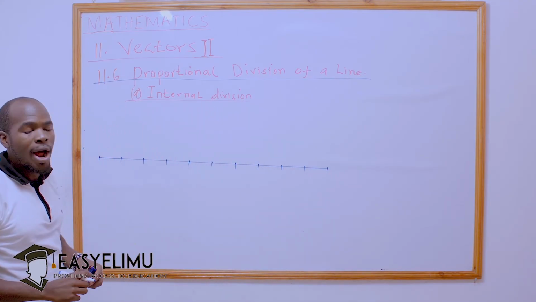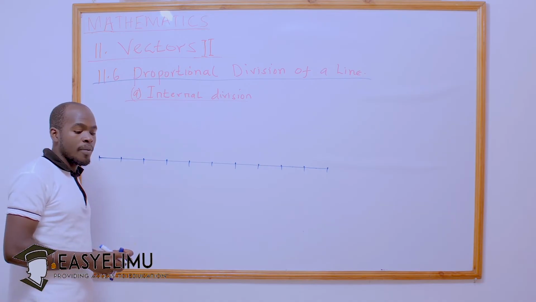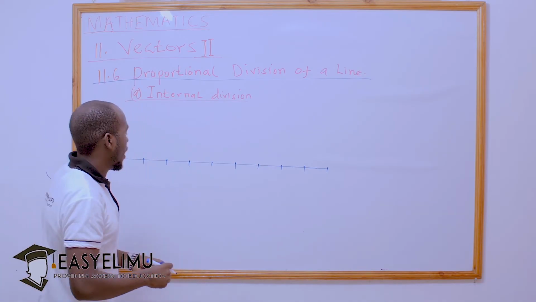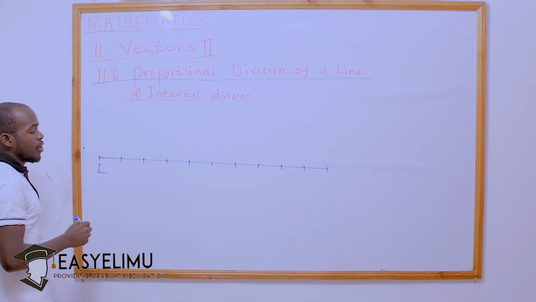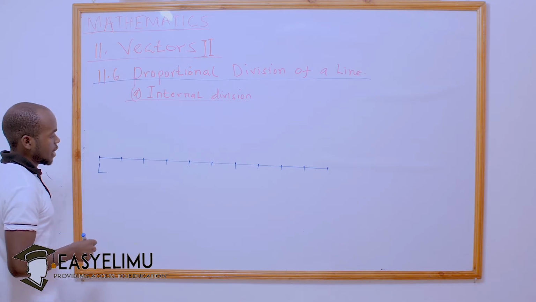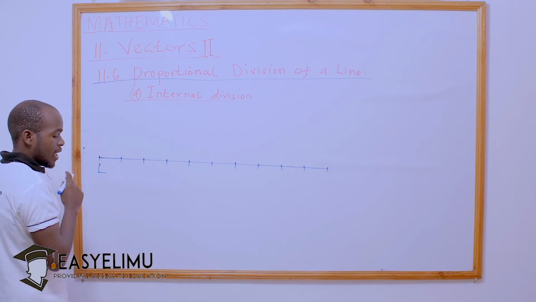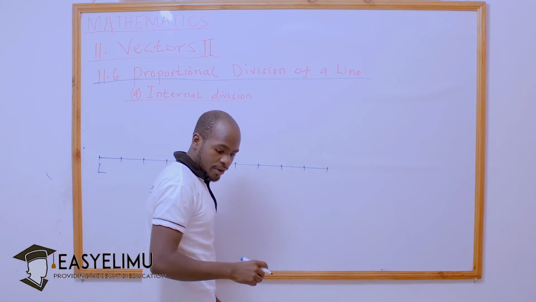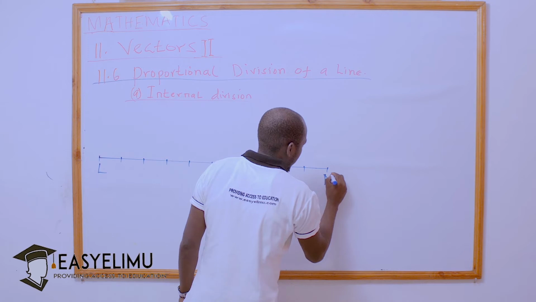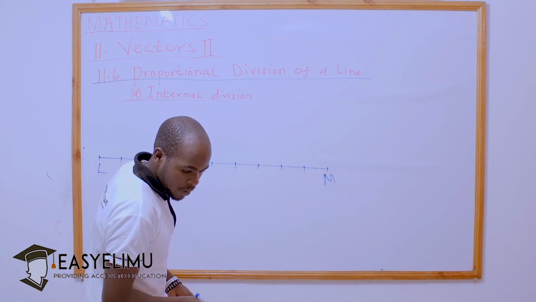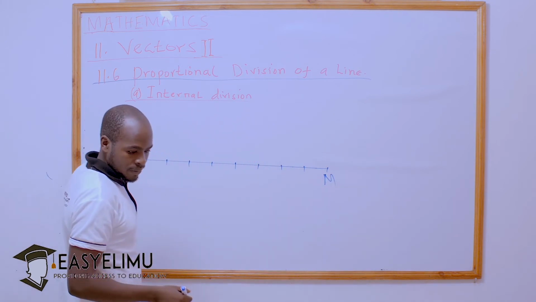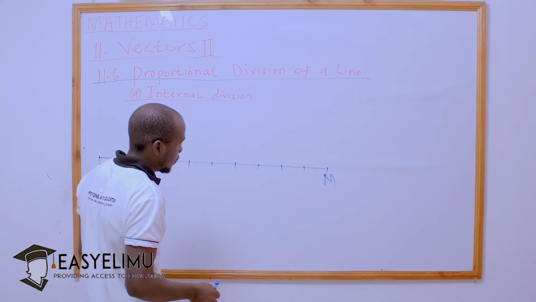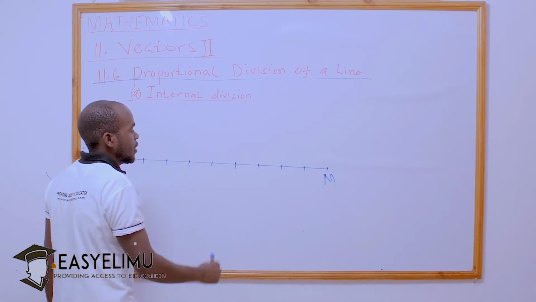Here I have a 1 meter line being divided into several measurements of 10 centimeters each. So I shall give the total length of that ruler as LM, and then let's just take a point P.